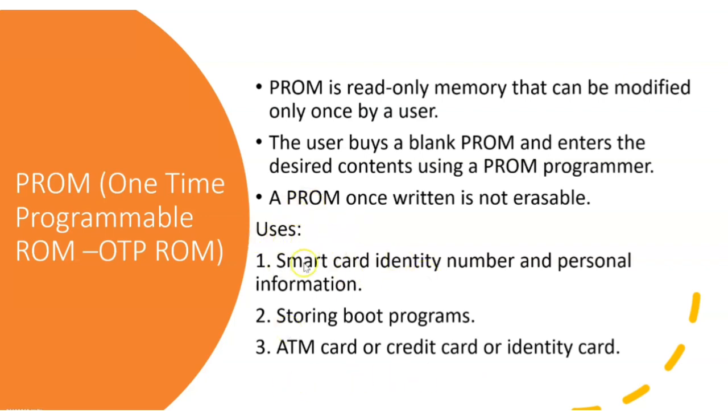Its uses are smart card identification numbers and personal information. When you use a smart card or an ATM card, you can make some modifications like changing the PIN, but after that you cannot make any further changes. It is also used for storing boot programs. ATM cards, credit cards and identity cards are generally PROMs, that is, one-time programmable ROM.